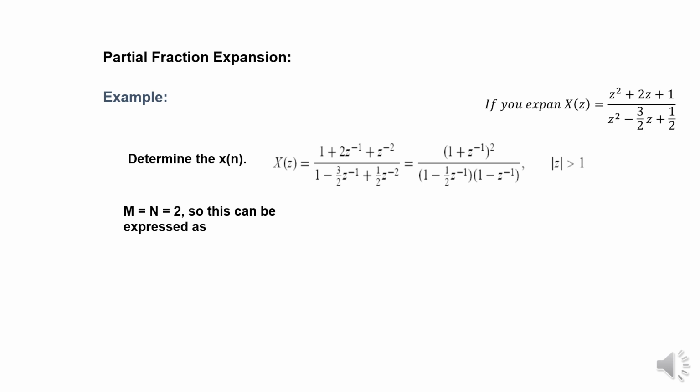Now if you look at X(z), the numerator has a maximum power of z as 2, and the denominator also has a maximum power of 2. Remember, we are still in the process of finding partial fractions, not the inverse Z transform.